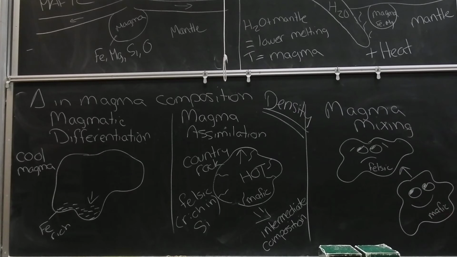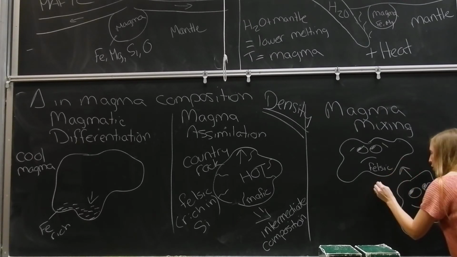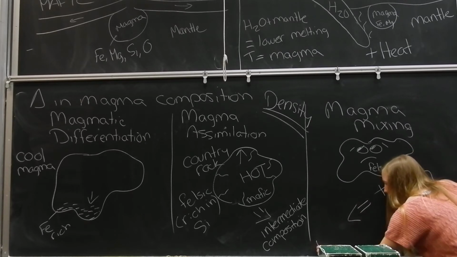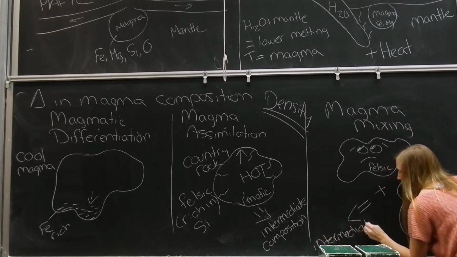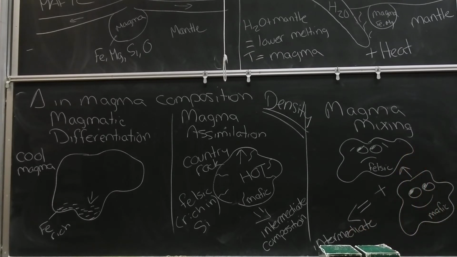Because he's a whole lot hotter than this guy. So he's rising. This guy's kind of just stagnant, which is also why he's kind of sad. So this guy meets up with this guy, add them together, and you get intermediate, or somehow you change your chemical composition of the magma.